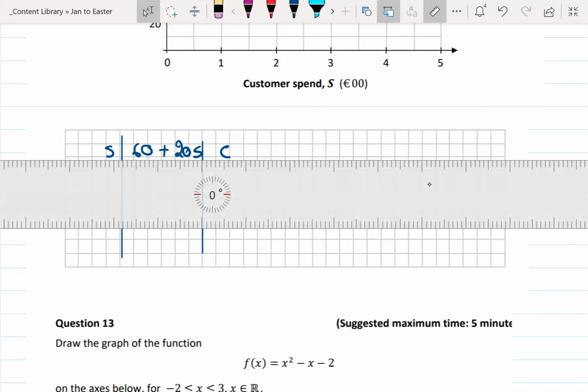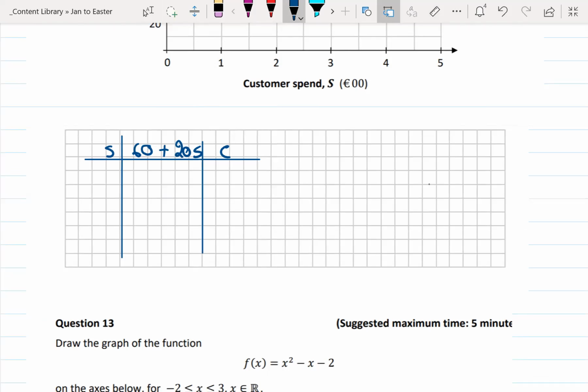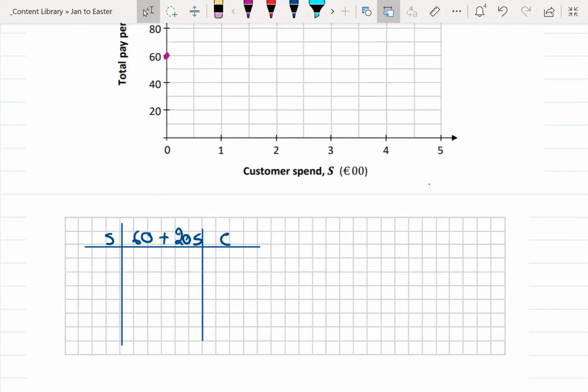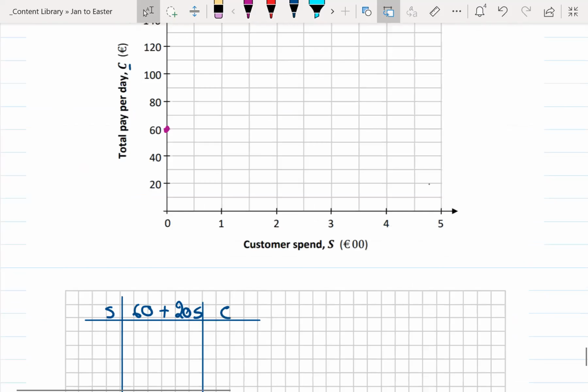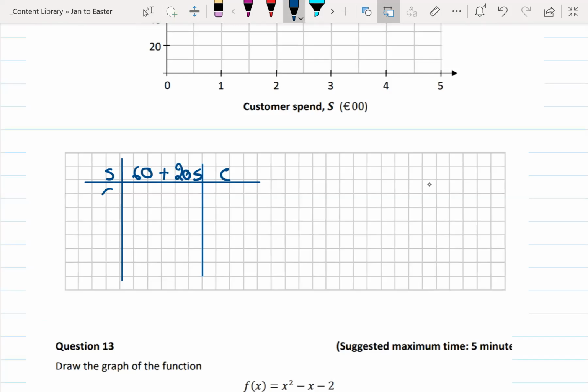Casio calculators, I've shown you how to do this in class, use your calculator to make a table. This is a straightforward linear graph because there are no powers or exponents over the s, so it'll be straightforward enough. But they want us to draw, so this is our domain. These are input values between 0 and 5. So we're going to input 0, 1, 2, 3, 4, and 5.